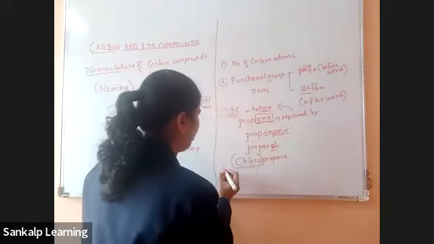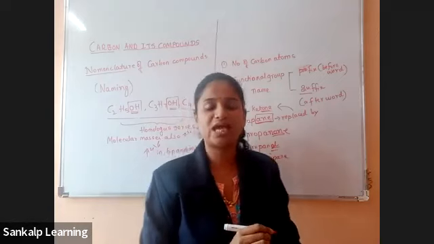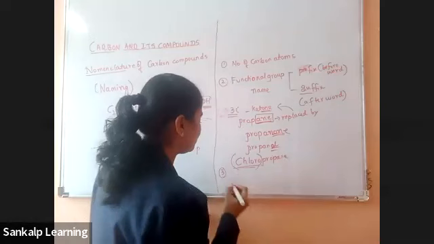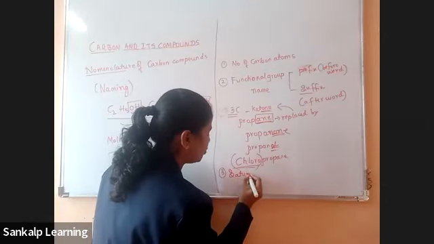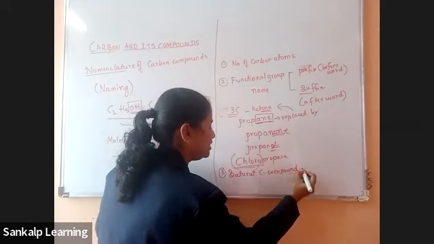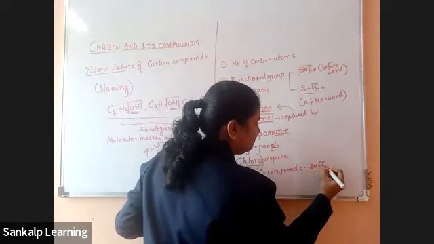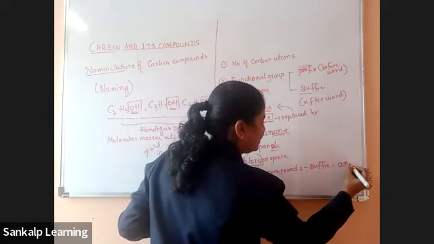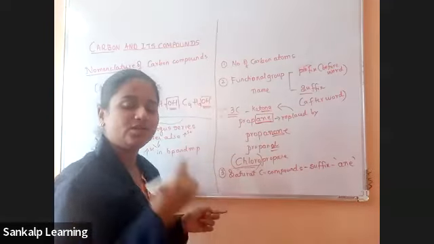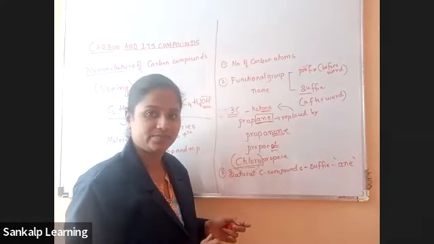Then the last point is that we have saturated carbon compounds as well as unsaturated carbon compounds. Saturated carbon compounds will have single bonds, and such compounds' suffix ends with ane: methane, ethane, propane. So ane indicates a single bond between the carbon atoms.